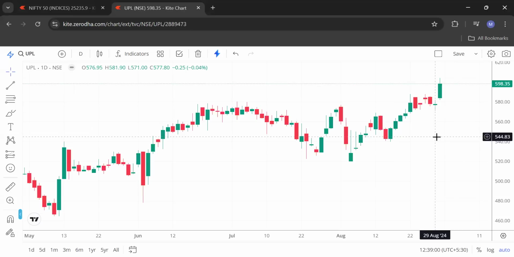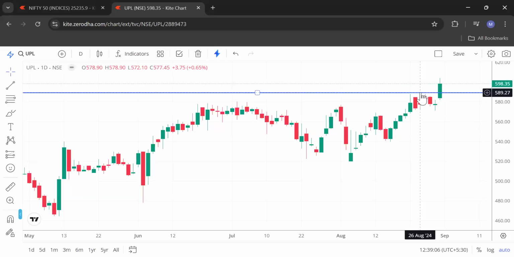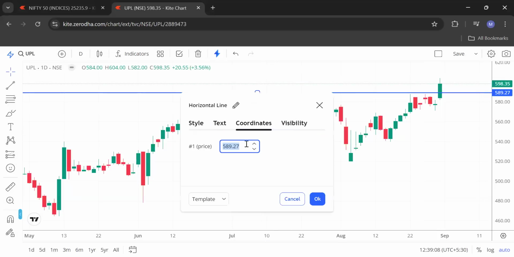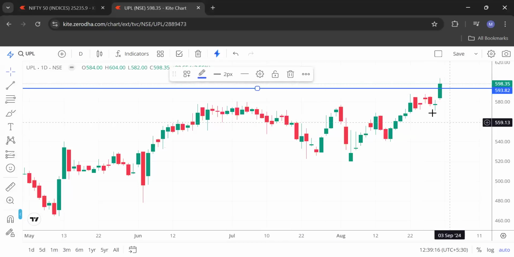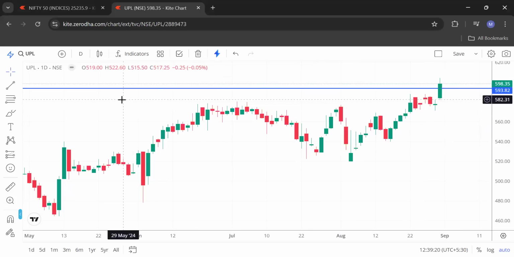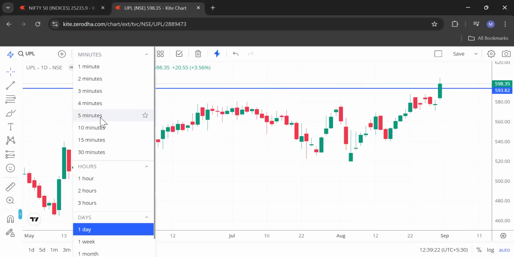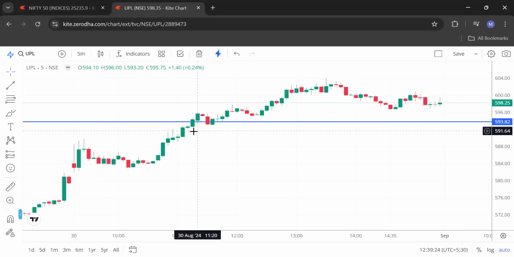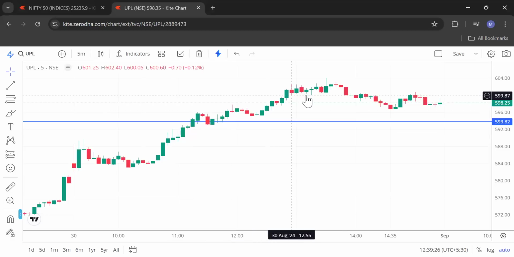I get a figure of 593.82. 593.82 is greater than the last 5 days high. You could see 1, 2, 3, 4, 5. So it is already greater than the last 5 days high. You could see once the range is broken, it will go.